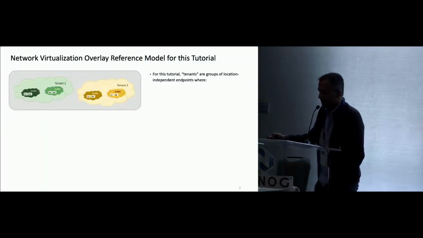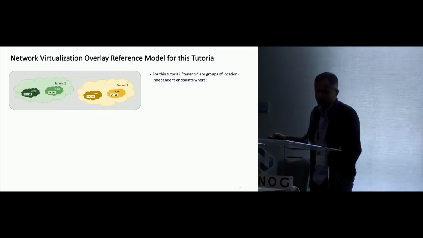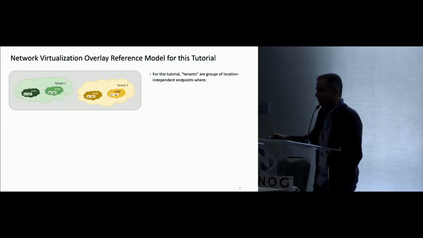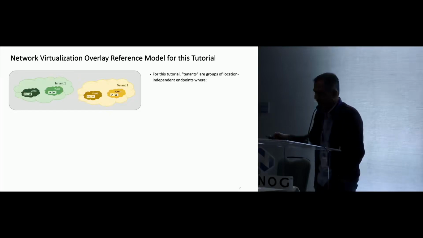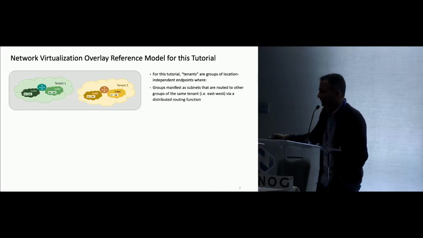All right, so to begin, we need to actually have a reference model, so I'm going to establish one. For this tutorial, we have this concept of a tenant. A tenant is basically Pepsi, Coke, payroll, engineering. These tenants are composed of groups of location-independent endpoints.